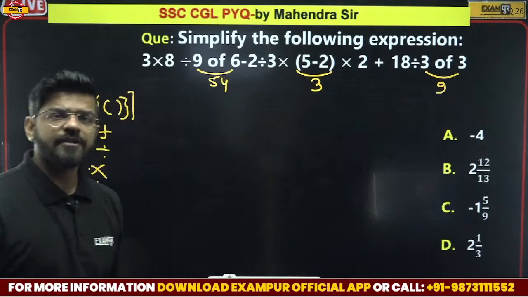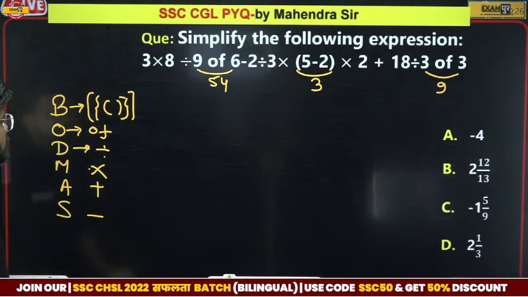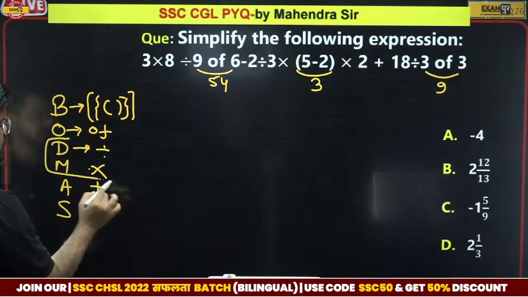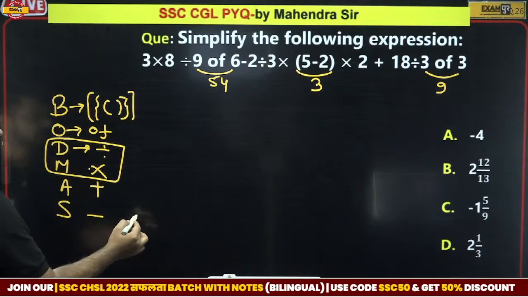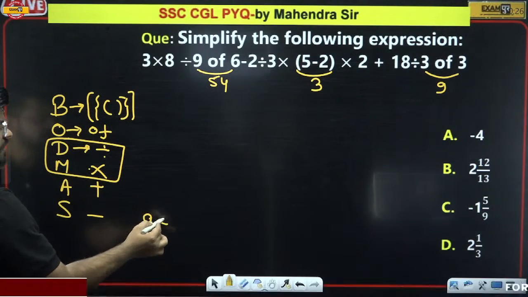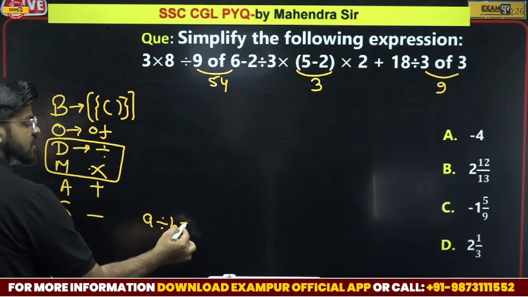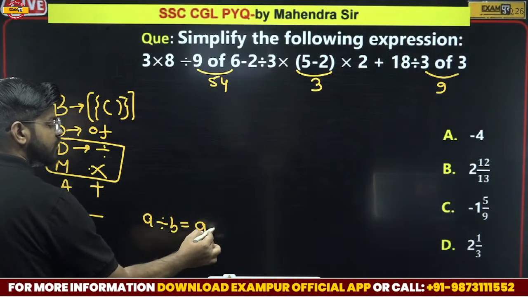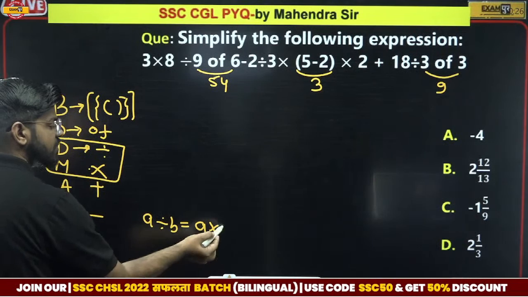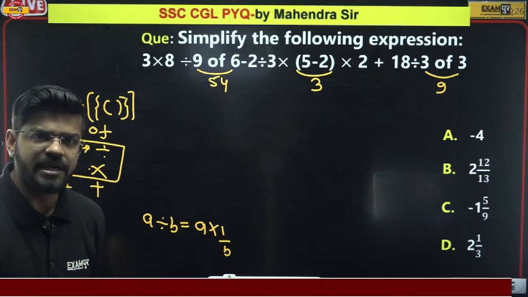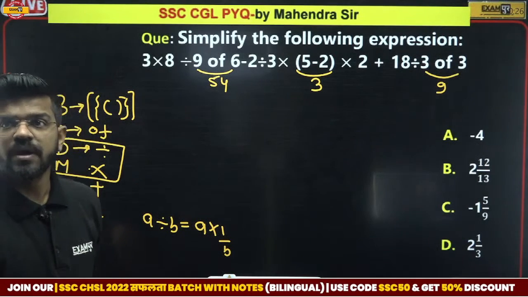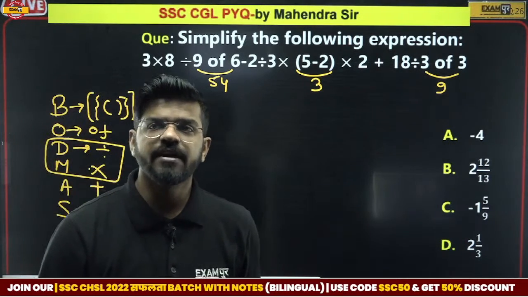Now you can solve divide and multiply together. Suppose a divided by b is there, just convert this divide into multiplication and reverse the number. This is how you can solve divide and multiplication simultaneously. So you are getting minus 1 5 by 9.